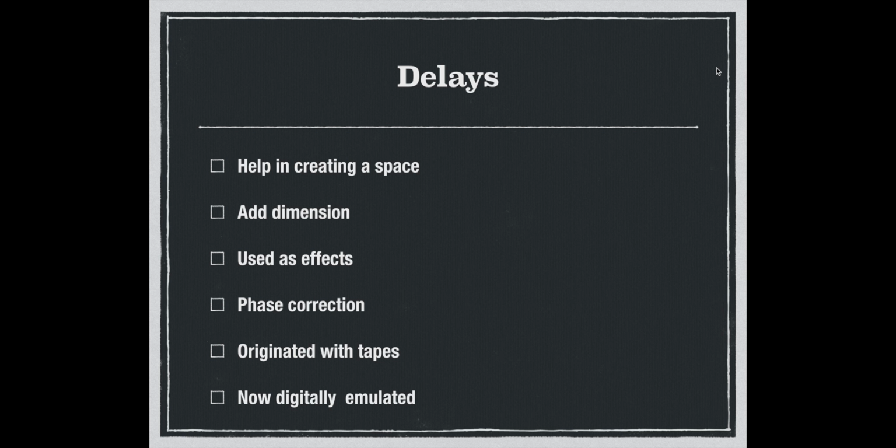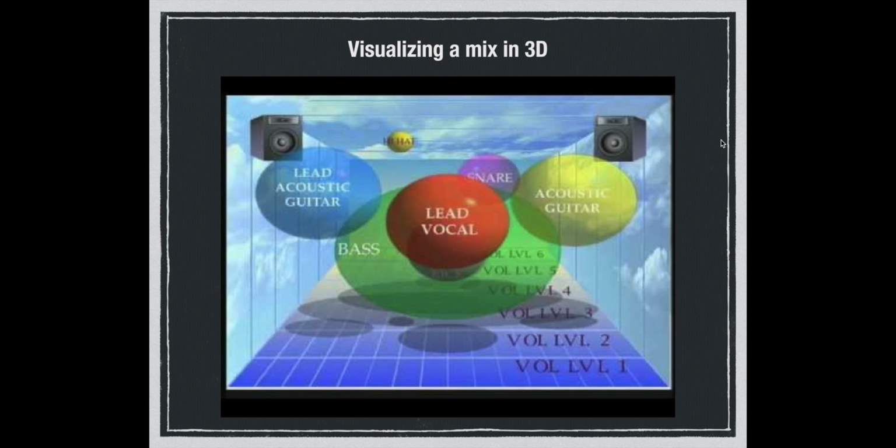So this discussion is going to go into how these tape delays were created, what advantages they gave us, and not only are they a great visual representation, but a lot of the delays and effects that we use in modern DAWs are derivative or emulations of older tape delays and older analog effects.